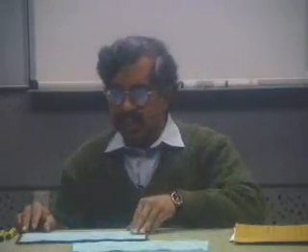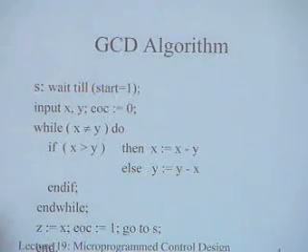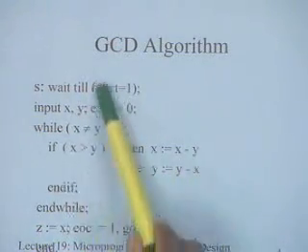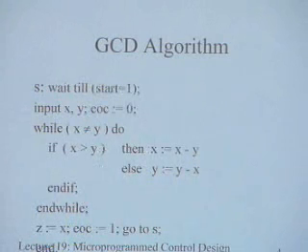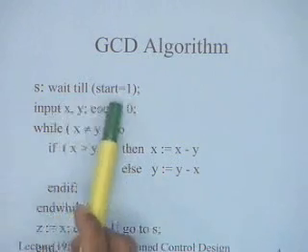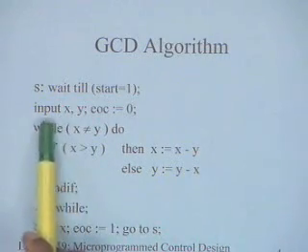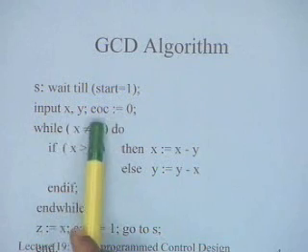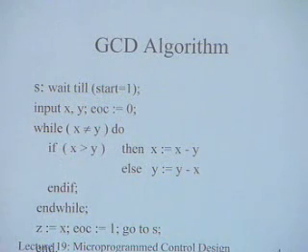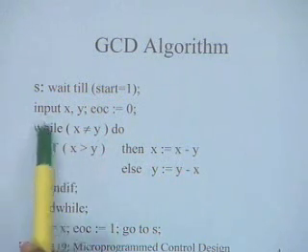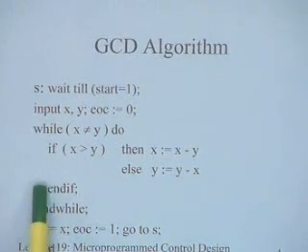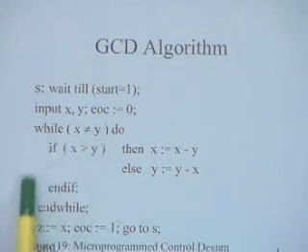The algorithm we follow is the same algorithm that we mentioned before. The only change I have made is to add a couple of statements. One statement, wait till start equal to 1, is what we had introduced later on: waiting for the start signal before I start the computation. Once start becomes 1, I input the input values, and at the same time I set the end of computation to 0, because computation has started and is going on.